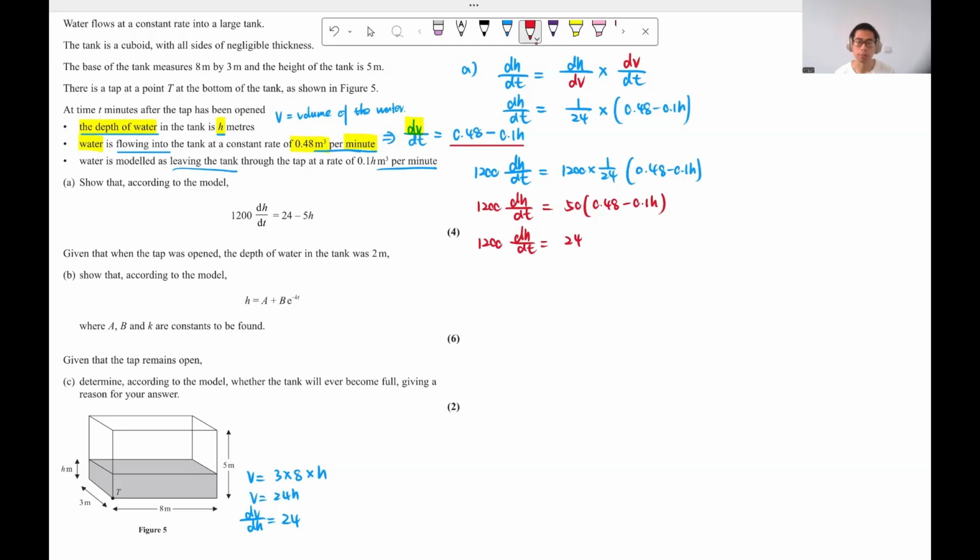And 50 times 0.1 h is just minus 5h, which is what they want in part A.